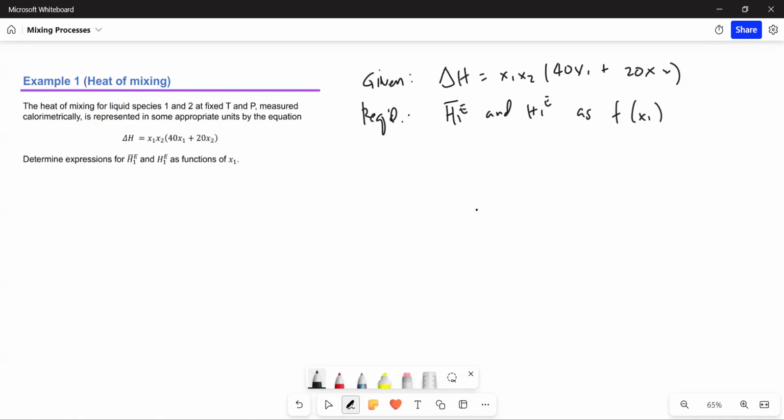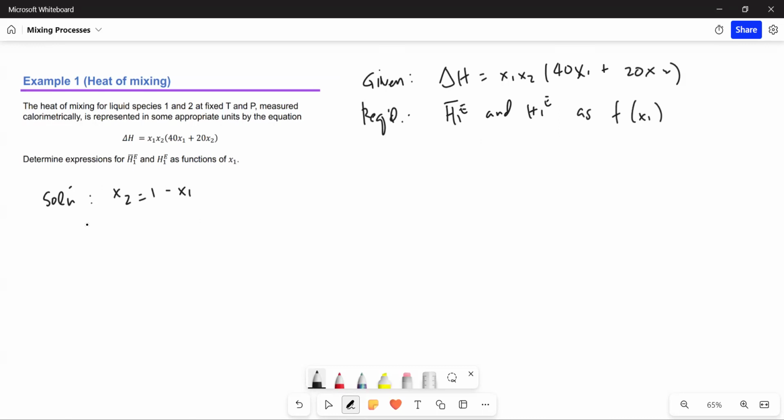So for the solution, what do we need to do? There's a clue: it's a function of x sub 1. Since the equation is a function of x sub 1 and x sub 2, we simply remove x sub 2 first from the equation, because we know that x sub 2 is 1 minus x sub 1.